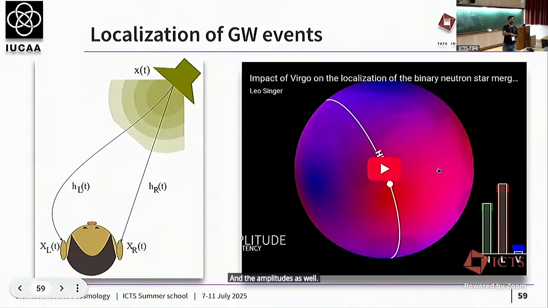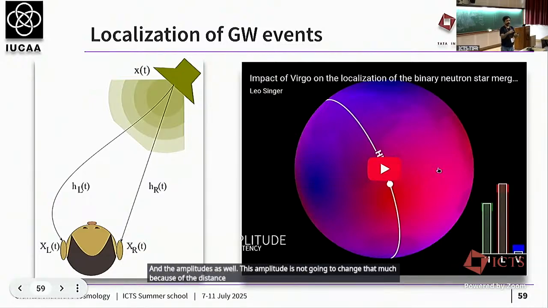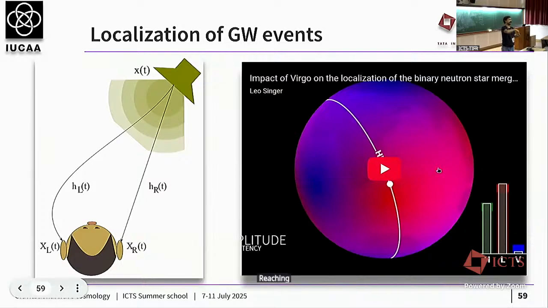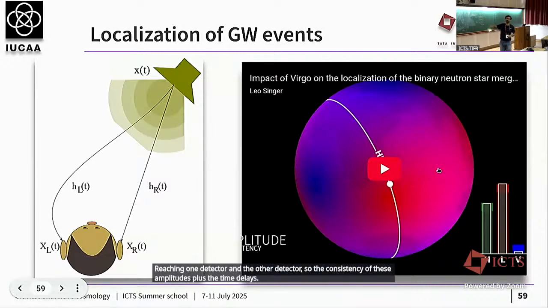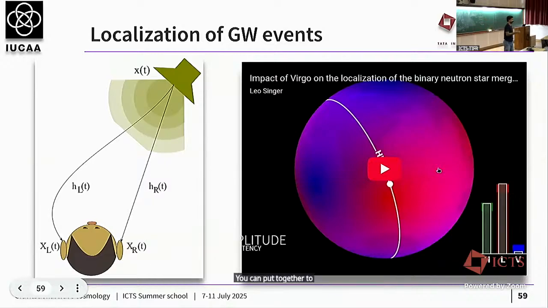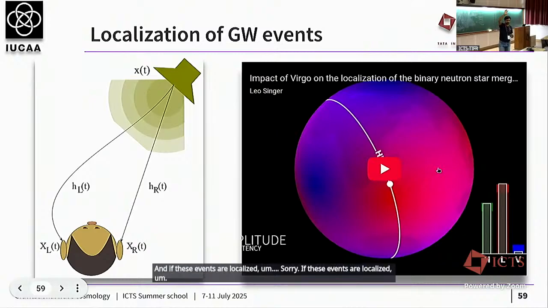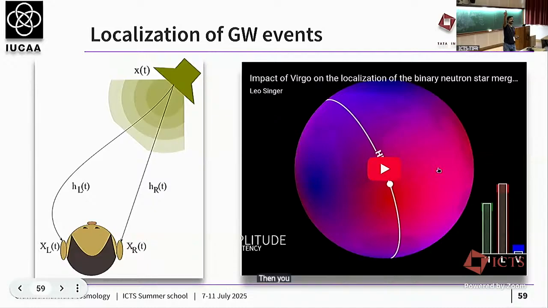The amplitude is not going to change that much because of the distance difference between reaching one detector and the other. So the consistency of these amplitudes plus the time delays, you can put together to know where roughly these events are localized. If they are localized well, then you would know exactly the galaxy where this gravitational wave event happened.